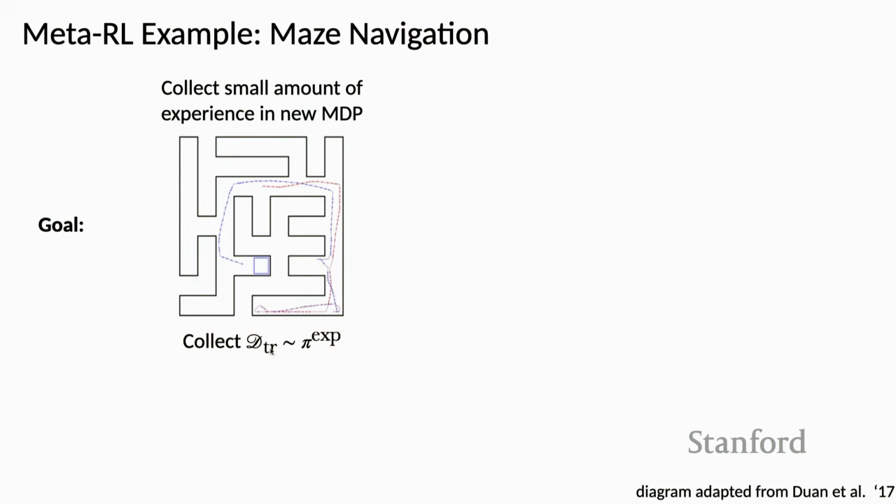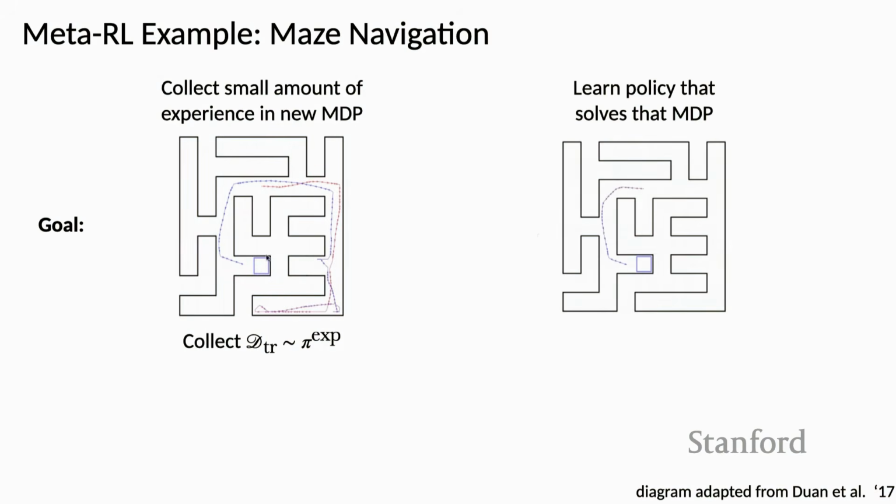And we'll frame this as collecting a very small training data set of one episode or a few episodes. In this case, it's exploring the maze, trying to find where the goal is. It starts in the middle right here, explores over here, and it eventually goes to the goal right here. And after we explore, we'd like to be able to have a policy that is able to solve the maze, in this case, just with a single episode of experience.